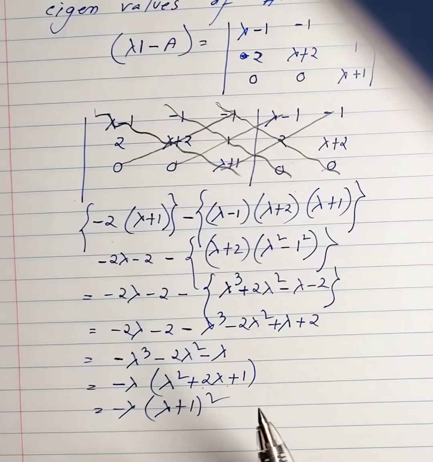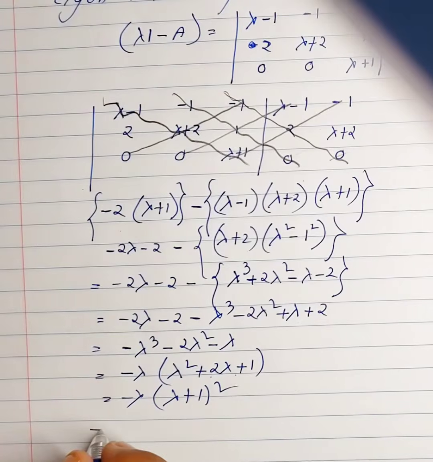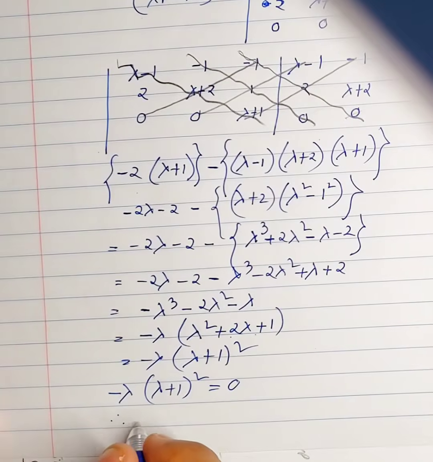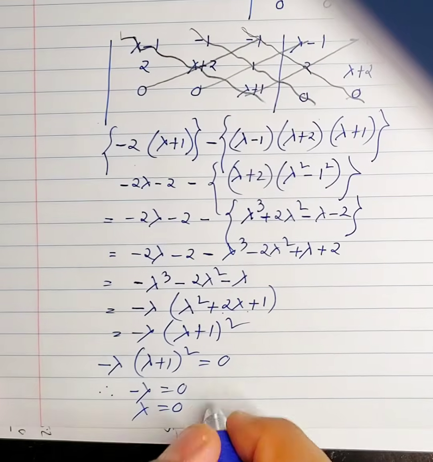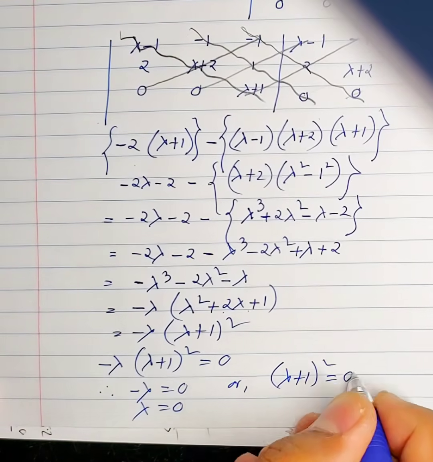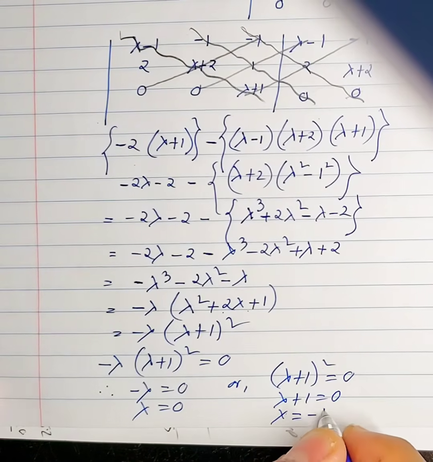And now if you need to find the eigenvalues, just take that equal to 0. So if you take the characteristic polynomial equal to 0, you get lambda equals 0, or lambda plus 1 squared equals 0, so lambda plus 1 is equal to 0, so your lambda is negative 1.